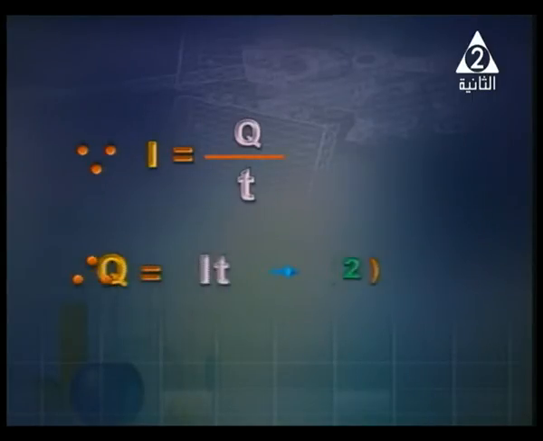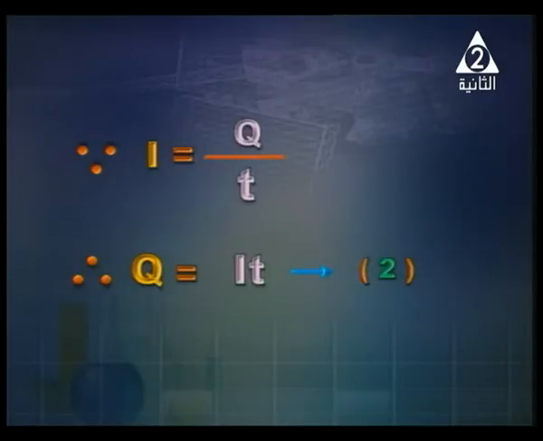Since current intensity is determined from the expression I = Q over T, where Q is the quantity of electricity that passes through a conductor in 1 second, Q, the amount of charge, is equal to the product of current intensity and time, Q = IT. This is the second equation.